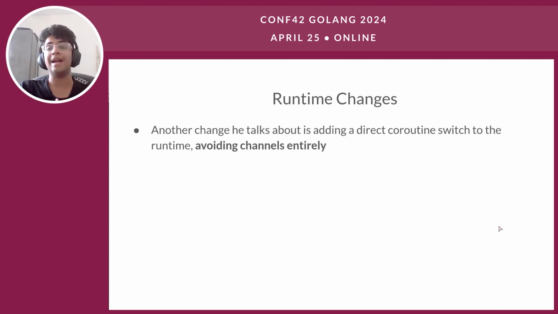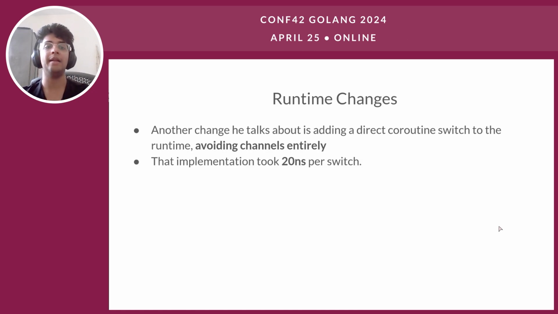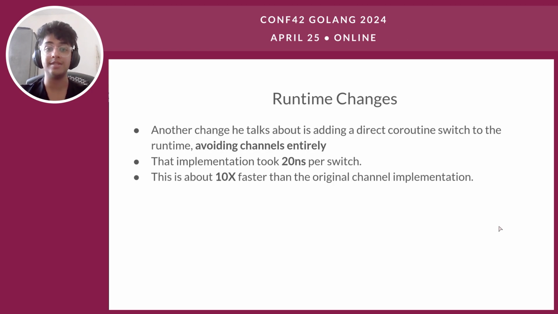Then he talks about adding a direct coroutine switch to the runtime. So you're avoiding channels entirely. Channels are pretty heavyweight in the sense that they are pretty general purpose. They're intended to do a bunch of things, not just a coroutine switch mechanism. So instead, you can have a direct coroutine switch in runtime. And that implementation actually just took 20 nanoseconds per switch, which is 10 times faster than the original channel implementation.